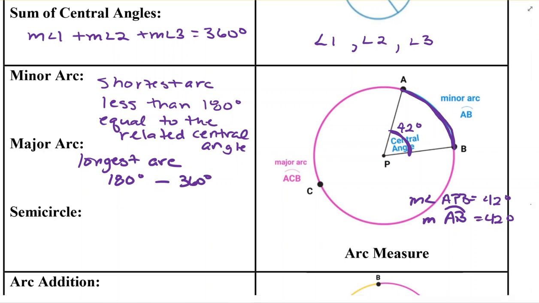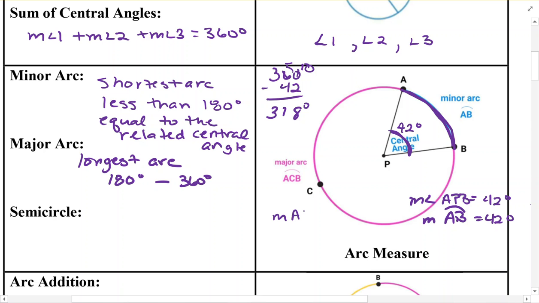So if I look at this, the major arc here would be 360 minus 42, which would give us 318 degrees. So the measure of arc ACB would equal 318 degrees.